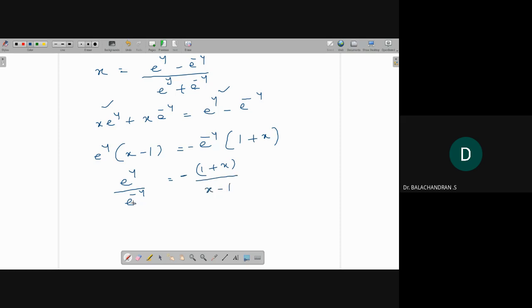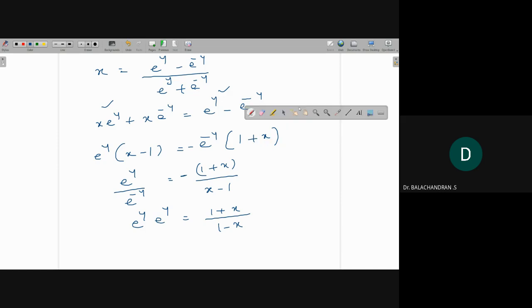So I will write e power minus y in the numerator. So e power y into e power y. So here we have 1 plus x. Because of this minus, you can write 1 minus x. So e power 2y equal to 1 plus x divided by 1 minus x.